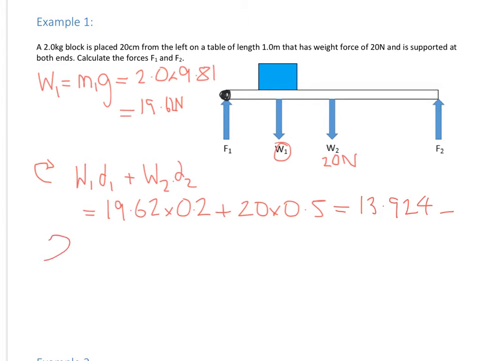In terms of the moments going anti-clockwise, we'd have F1 D1 plus F2 D2, which equals F1 times 0, because the force is applied at the pivot, so it has no moment, plus 1.0 times F2, so that's just F2.